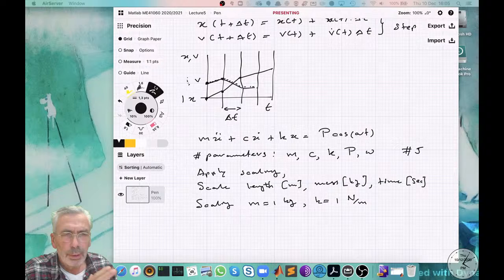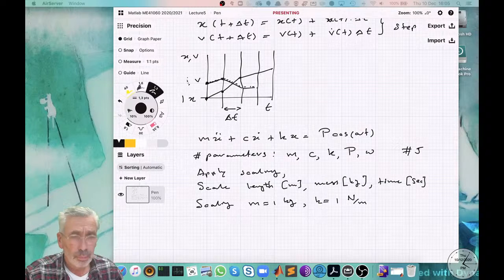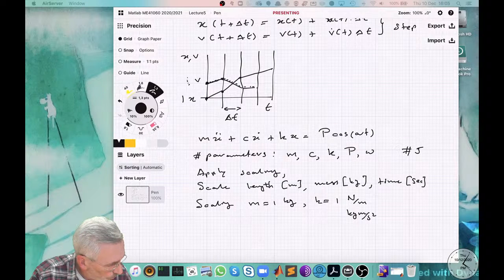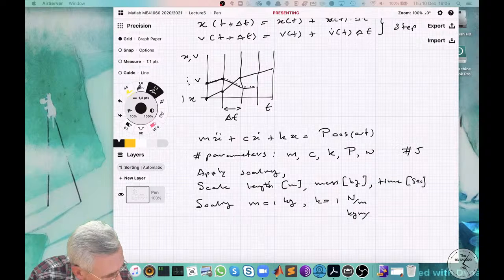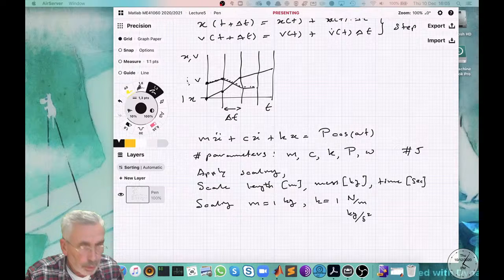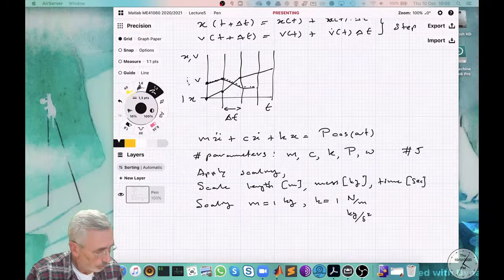It's not meters, and it's not time. It's everything actually. It's Newton, which is kilogram meter per second squared, per meter. Oh, the meter goes away, so it's kilogram per second squared. So this together with this does some time scaling.